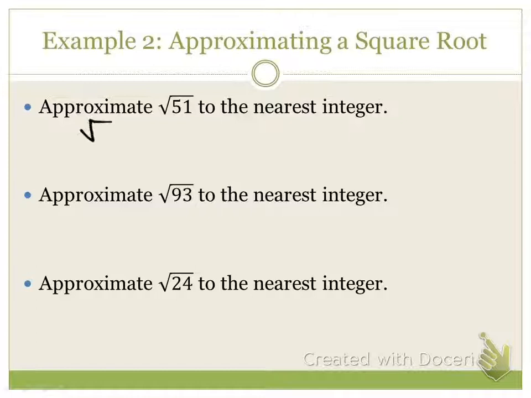So I know that the square root of 49 is going to be a little bit less than the square root of 51. What's the next perfect square above 51? 64, right? So I know that the square root of 51 is going to be less than the square root of 64. Do you see how we're finding the perfect squares on both sides of that number?